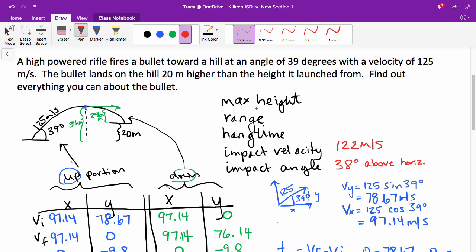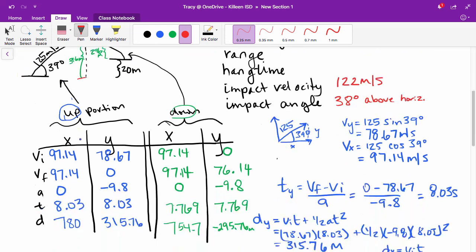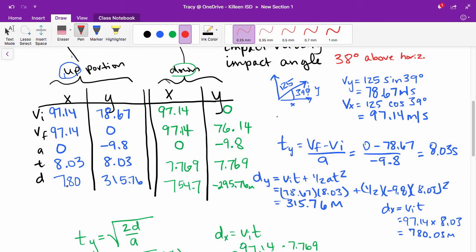Now for our max height, this was the lowest portion, that's the highest portion, so our max height was 316 meters. For range and hang time, for range, that is how far it went. So it went this in the up portion and this in the down portion.